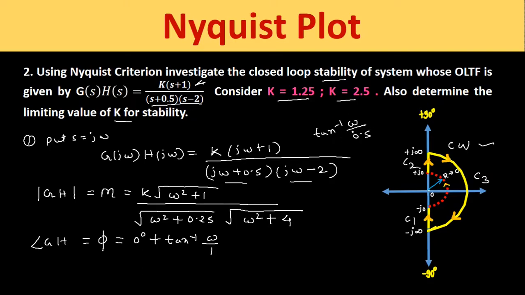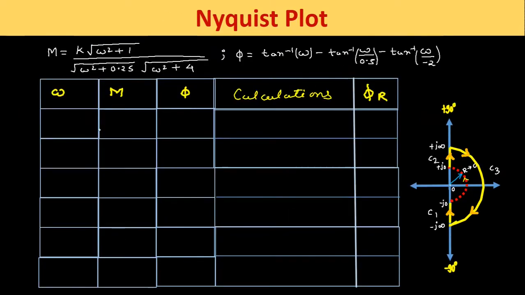So it is in the denominator, so when we move it in the numerator it will become minus of tan inverse omega upon 0.5. Similarly for this j omega minus 2 the phase angle will be minus of tan inverse omega upon minus 2.